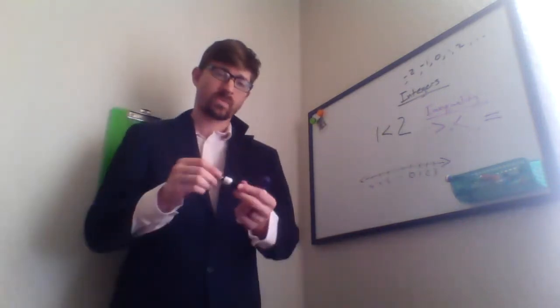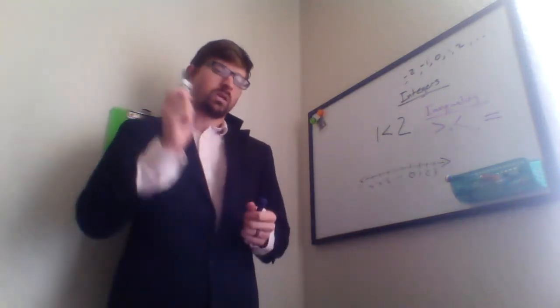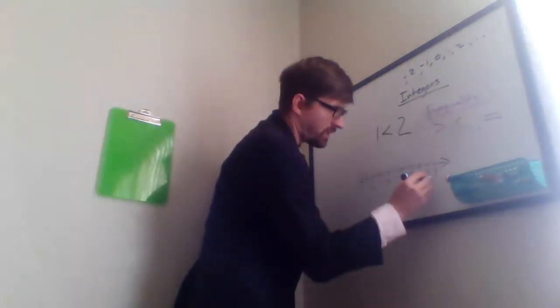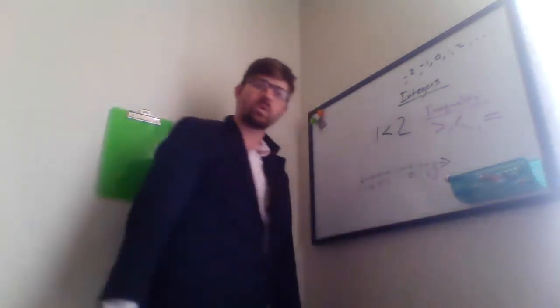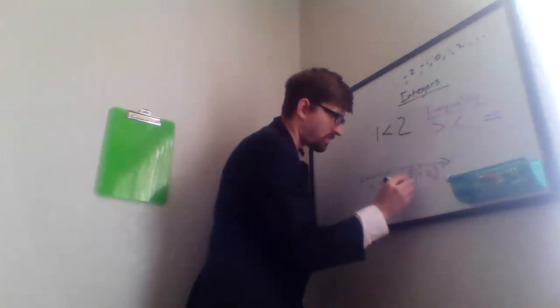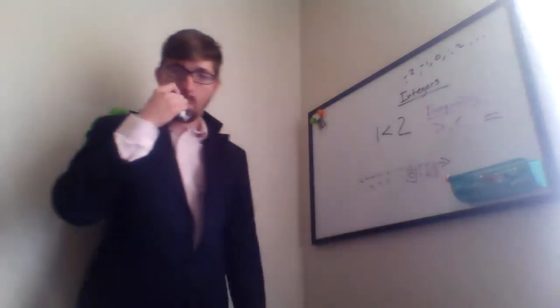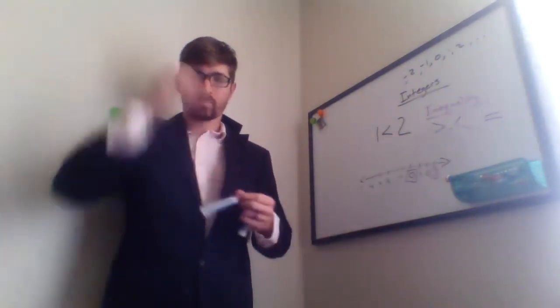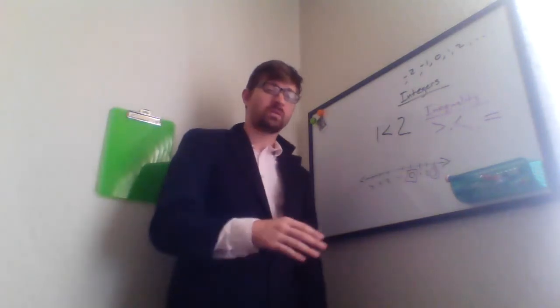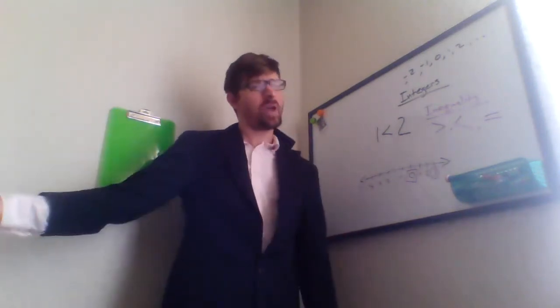Okay? Now, let me ask you this question. This number right here, this 3, is that 3 bigger than that 0? Well, obviously, yes. You can have nothing, and you can have 3 of something. You'd probably rather have the 3 of something, right?